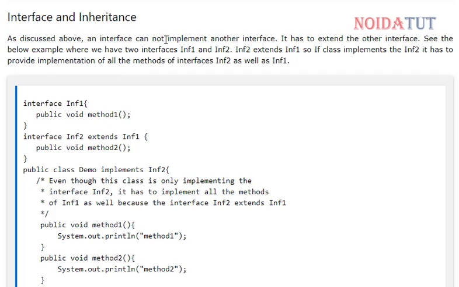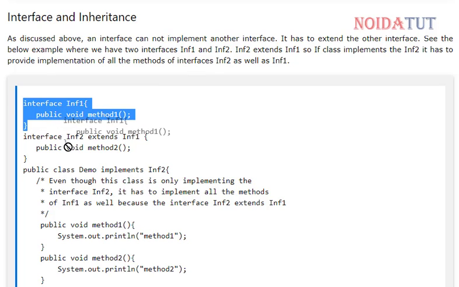An interface cannot implement another interface, it has to extend another interface. Here we have two interfaces, INF1 and INF2. INF2 extends INF1. If a class implements INF2, it has to provide implementation of all the methods of both interfaces. We have an interface, and another interface which is extending the previous interface.